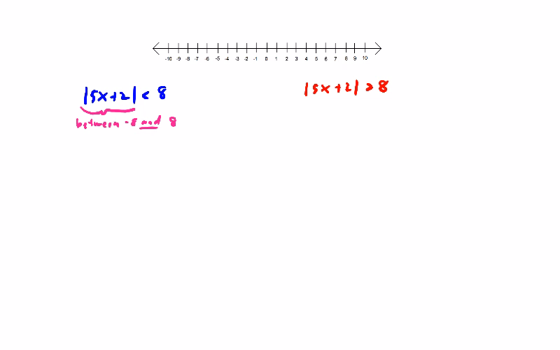So we have a sandwich solution: 5x plus 2 must be between negative 8 and 8. So negative 8 must be less than 5x plus 2, but 5x plus 2 must be less than 8. So it's between those two values, and notice how I split it into two parts there.